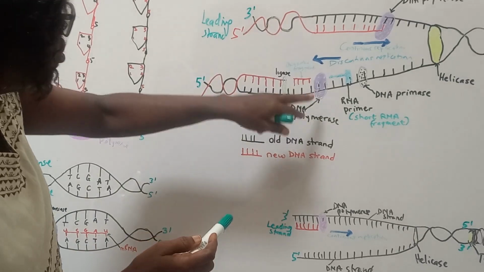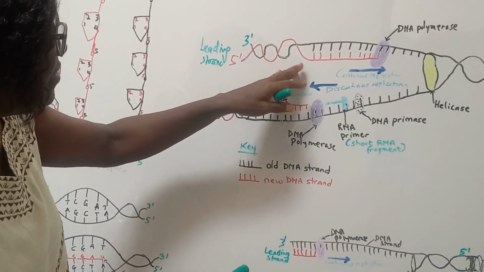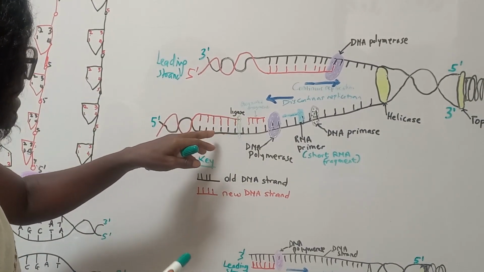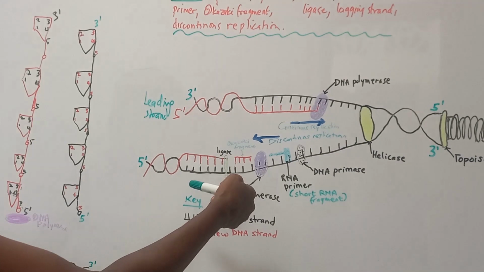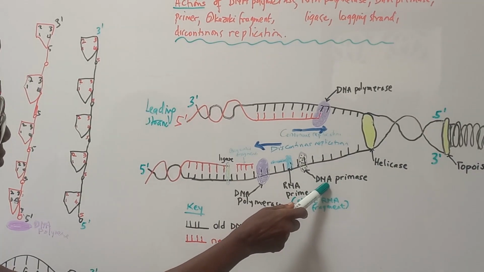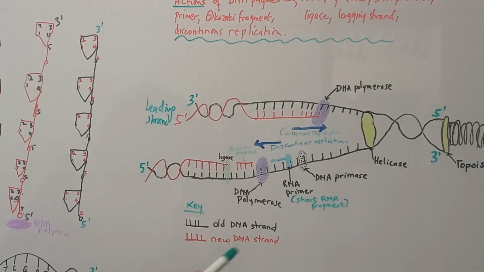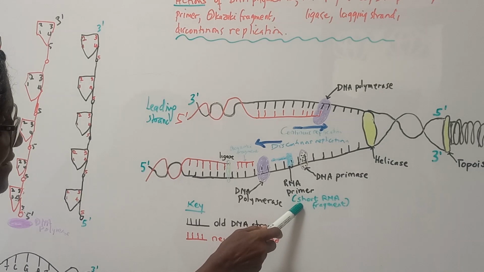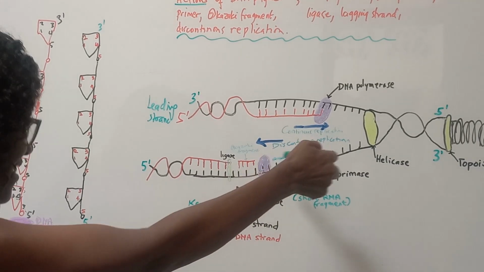So when these two strands are opened up and continuous replication is going on here, DNA polymerase cannot move on a single strand moving backwards. So the DNA primase makes a short RNA segment. And this short RNA segment moves in the 5 to 3 direction this way.